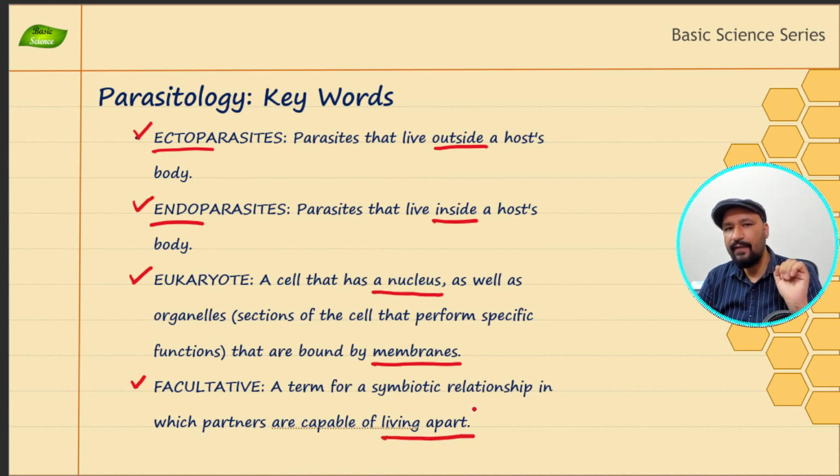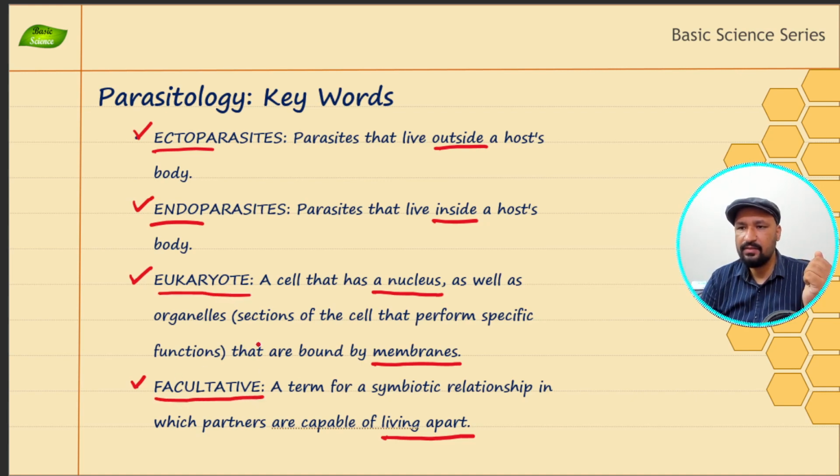If you are saying facultative parasite, the parasite is able to live without the host also. Correct? So facultative means it's not required, it's not urgent. Obligatory means it needs to be there. These are some of the important things we need to understand about these key terms.